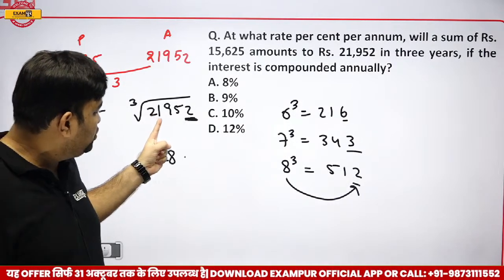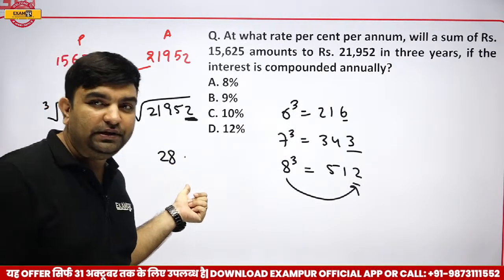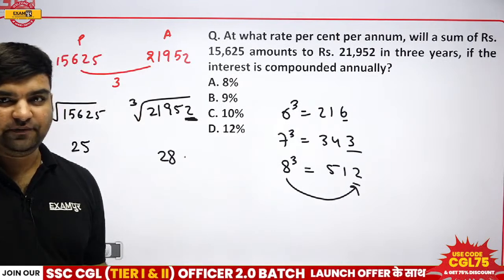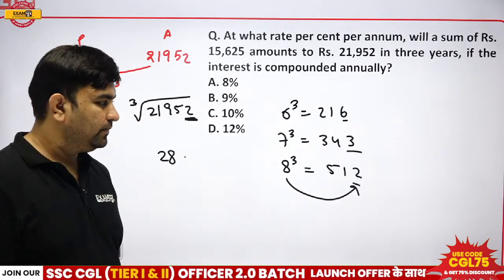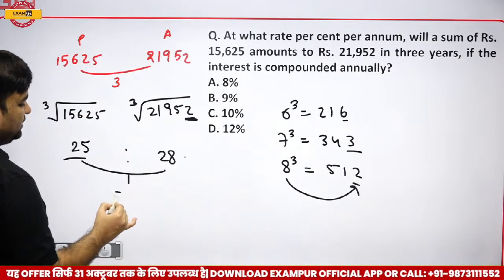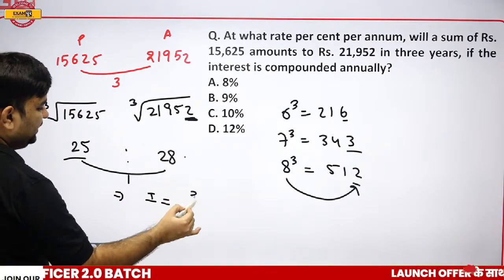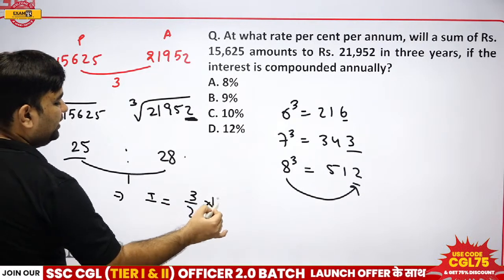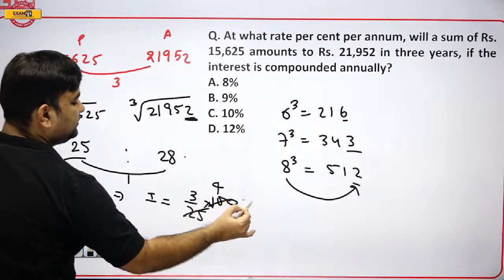So if it is 21952, it is definitely 28 ka cube. So 25 is becoming 28 in 1 year. So there is an interest of 3 over 25 into 100. 12% is the rate.